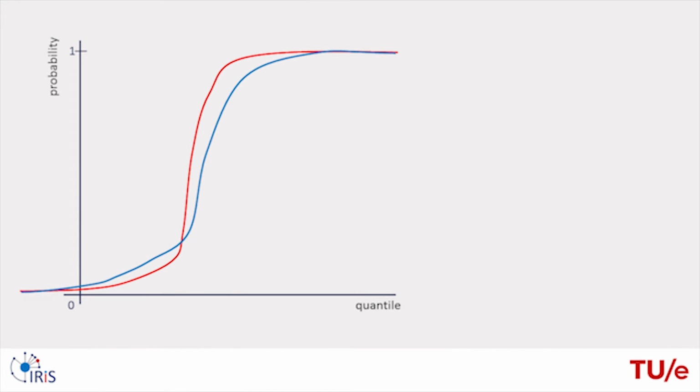So instead of trying to compare two cumulative distribution functions, we might just take one value on the quantile axis, the horizontal axis, and look at which two values this gives us on the vertical axis, on the probability axis. And these two values can be used as an x and a y coordinate in a probability plot.